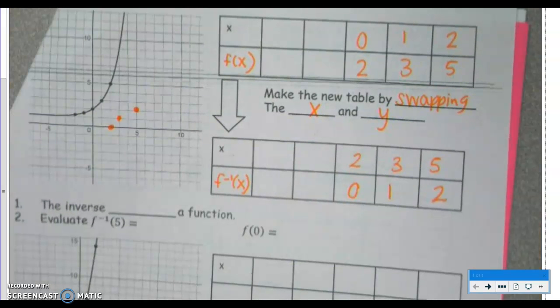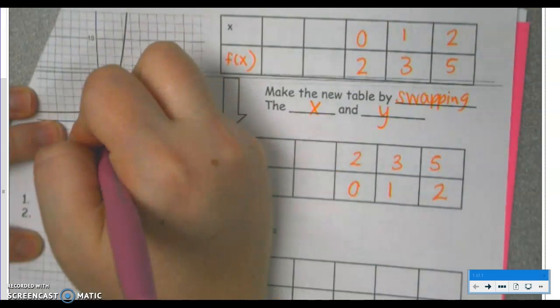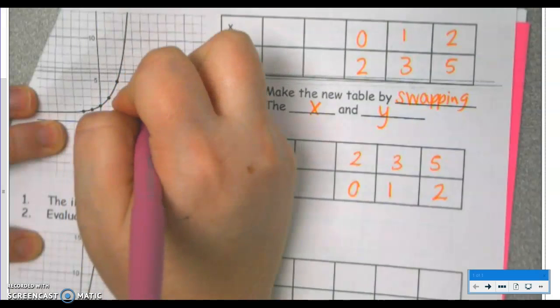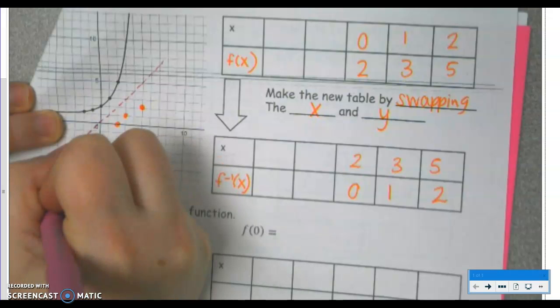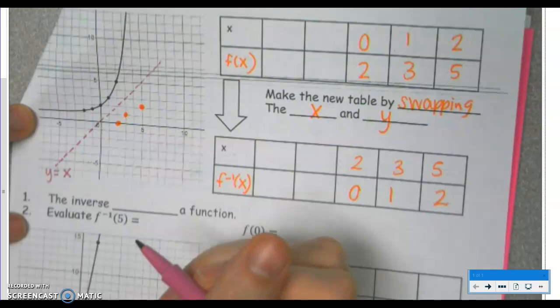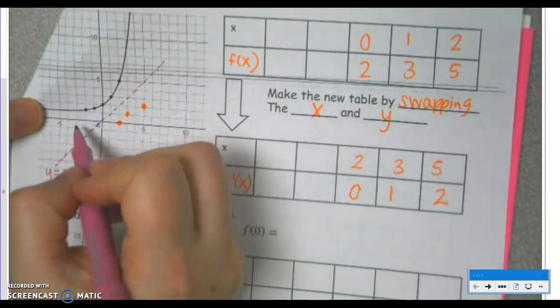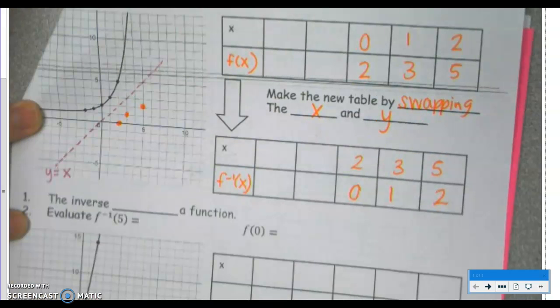So to help me make the graph just a little bit better, you can either estimate what those other points were, or we can draw that y equals x line and just try to make it look symmetric. I probably will try to figure out what this point is. That point looks like -2, -1.